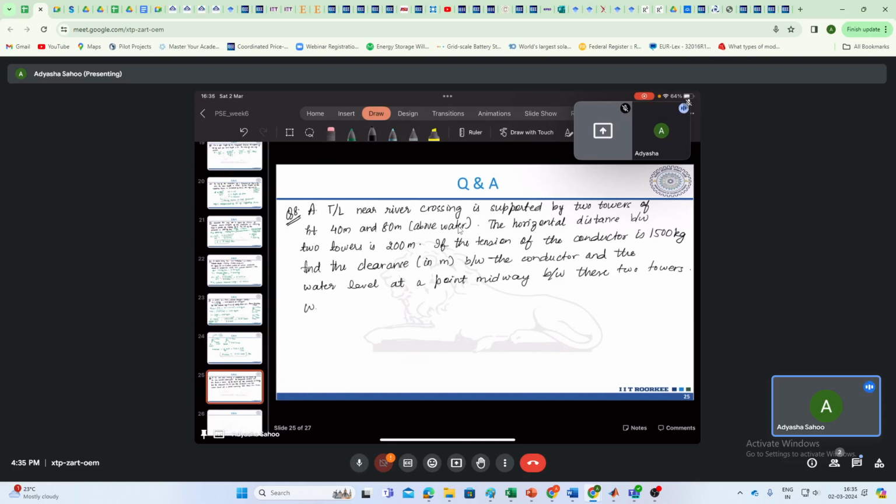So weight of conductor is 900 kg per kilometer. Assume parabolic shape.